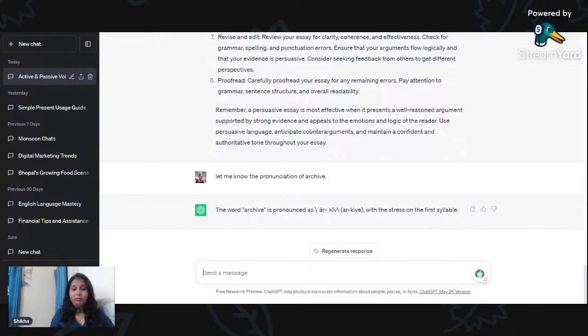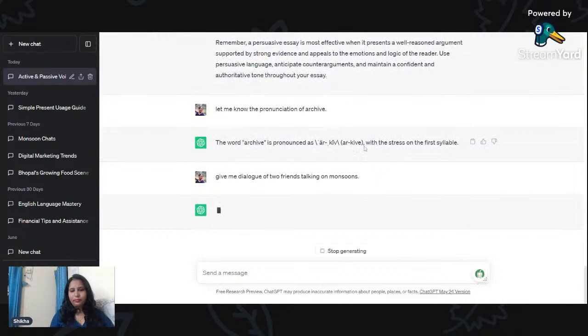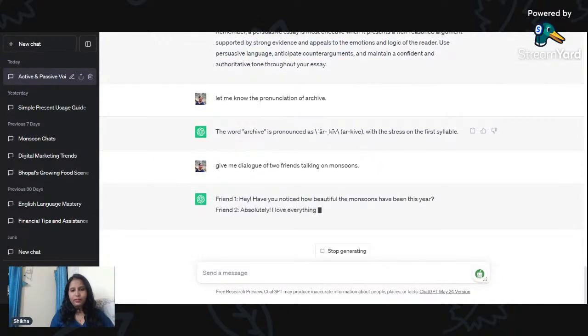You can command ChatGPT, give me a dialogue of two friends talking on monsoons. Okay.